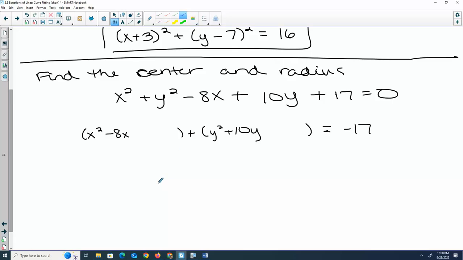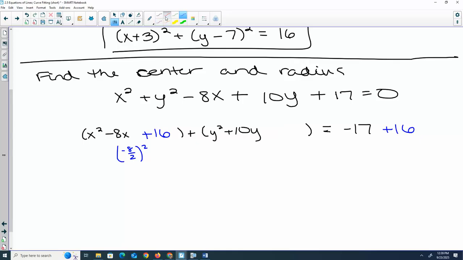So for each variable, to complete the square, that means you divide by 2 and square it. So -8 divided by 2 would be -4. Squared is 16. And if I add 16 to one side, we add it to the other.